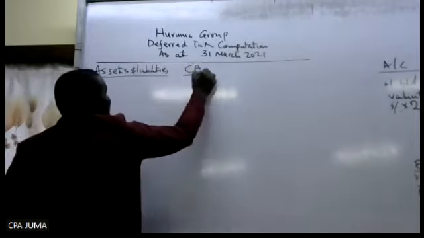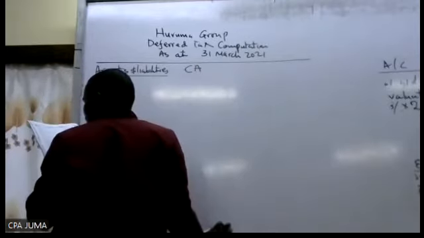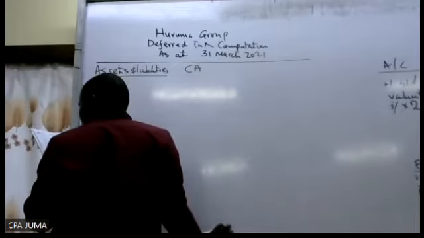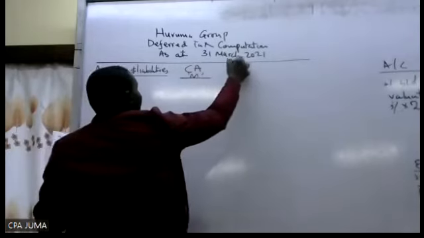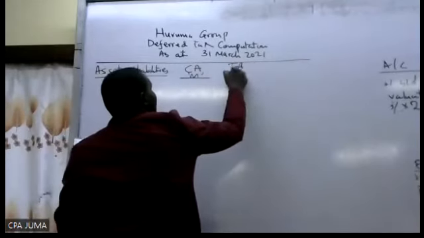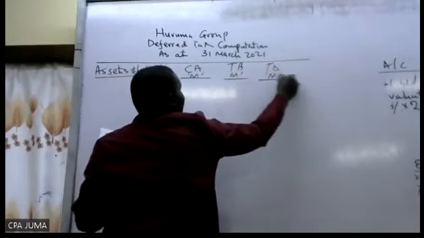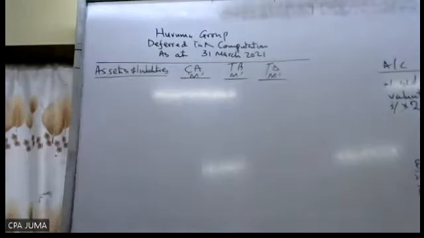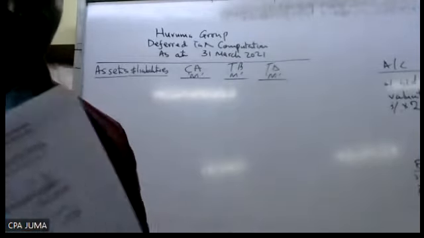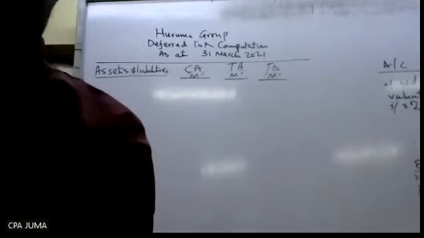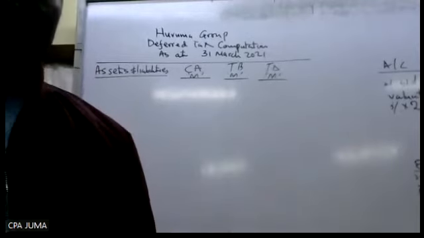Carrying amount, tax base, and temporary differences. You report in millions. Hiyo ndio unajipanga hivyo, ile kizungu mnasemanga we cross the bridge. So we have to cross our bridge right now.